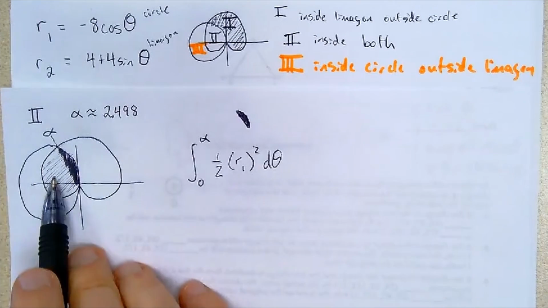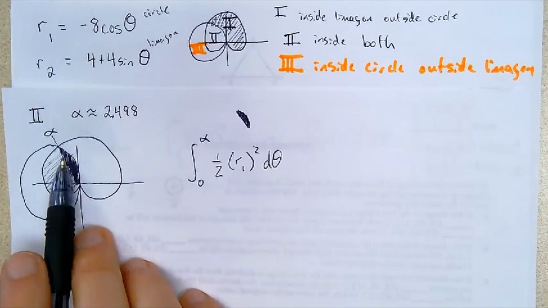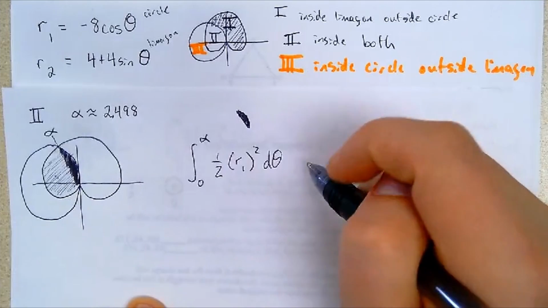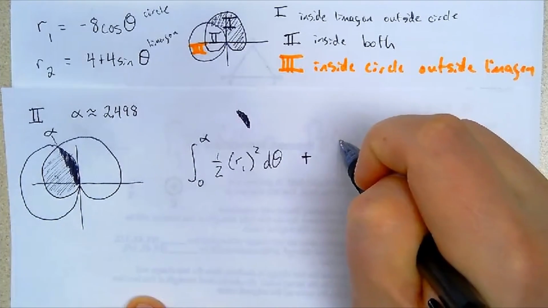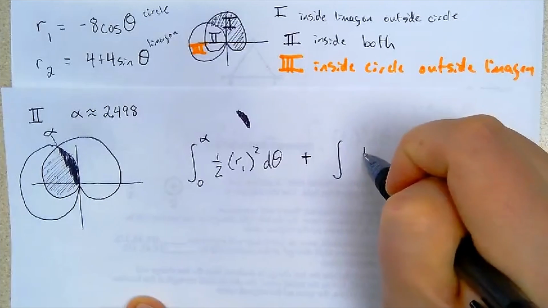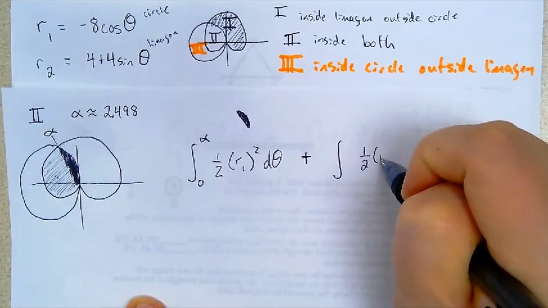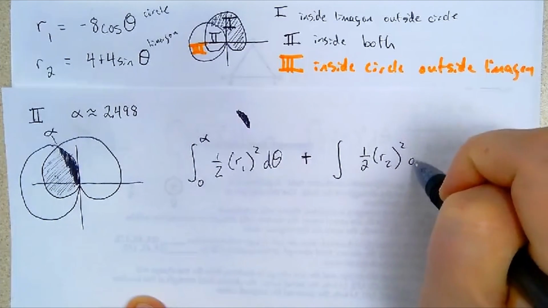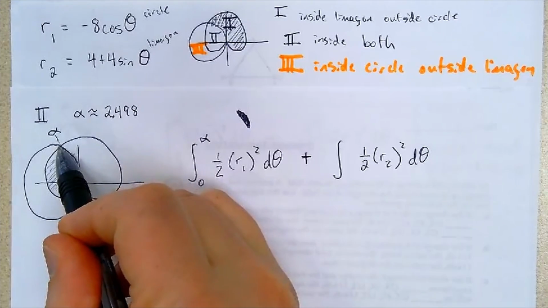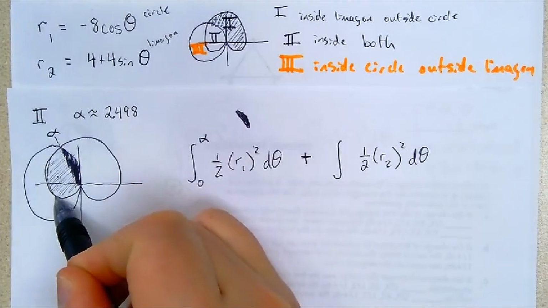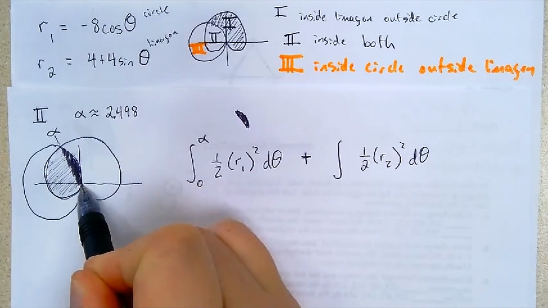To that, I want to add the shaded region that is inside the limaçon. So I'm doing it in addition of a piece that is inside the limaçon. So r2 squared d theta, and that starts tracing out at alpha and then finishes at 3 pi halves.